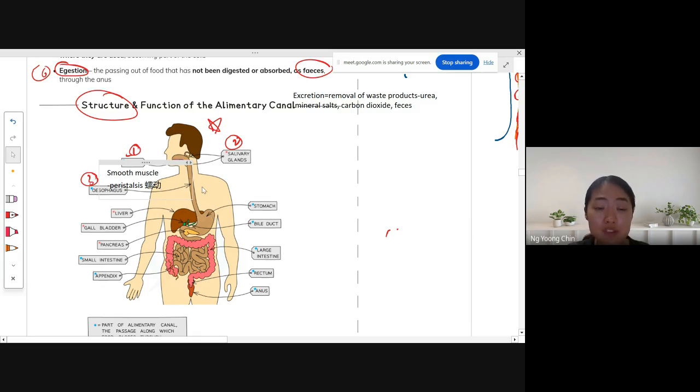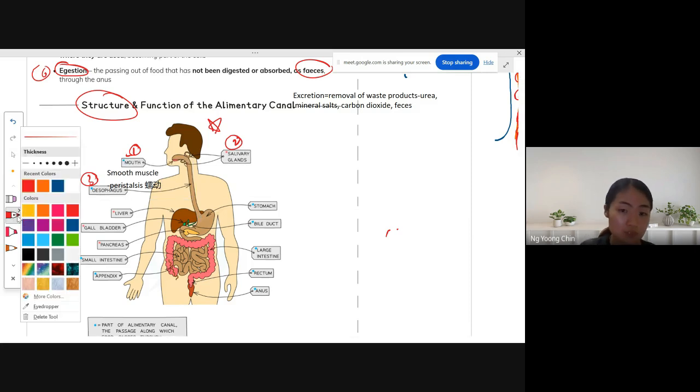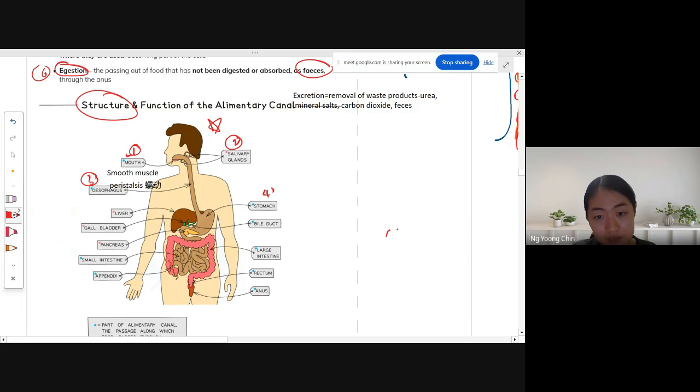Okay. And then when the food enters into the stomach, here, there will be digestion. We call it protein digestion, which belongs to chemical digestion.